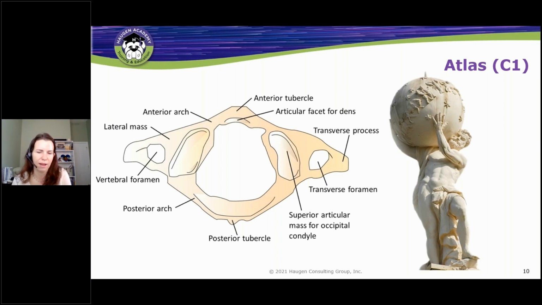So this is actually a perfect name for this bone. The atlas connects the head to the spine, and you can see on here where the head will rest, and it's just perfectly shaped to hold everything at the base of your skull there, and to still have room for the nerves.